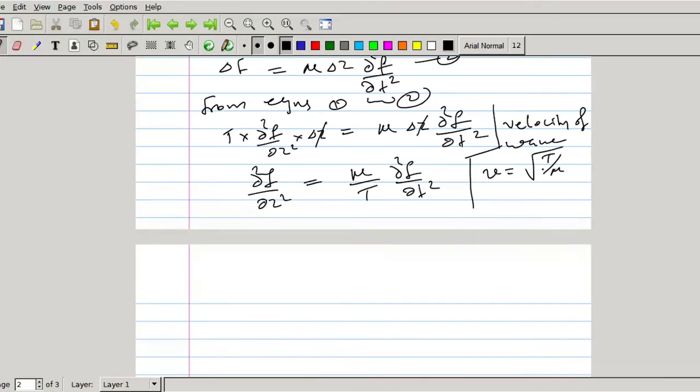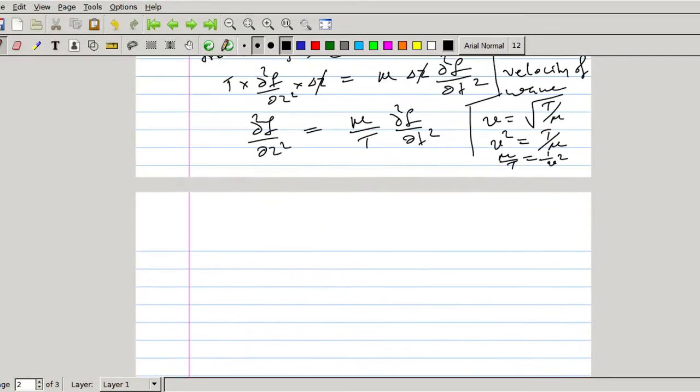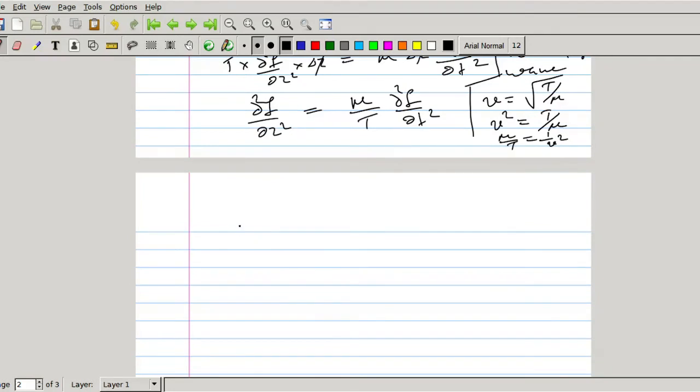Then V square equal to T by mu. Reciprocal of that, mu by T equal to 1 by V square. So we will have dou square F by dou Z square equal to, instead of mu by T, 1 by V square, into dou square F by dou T square.